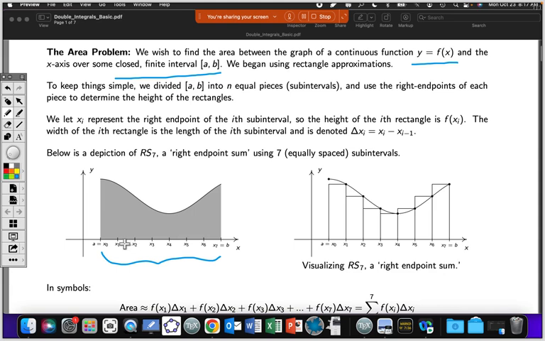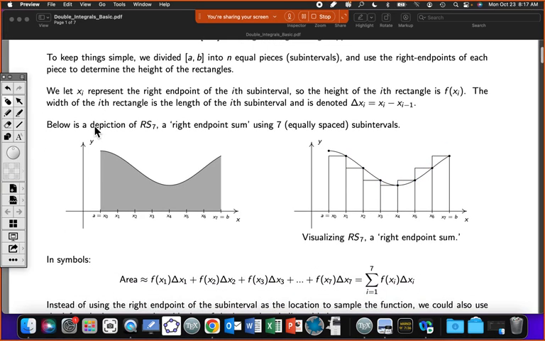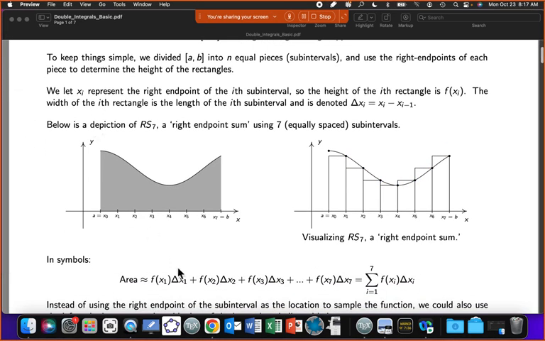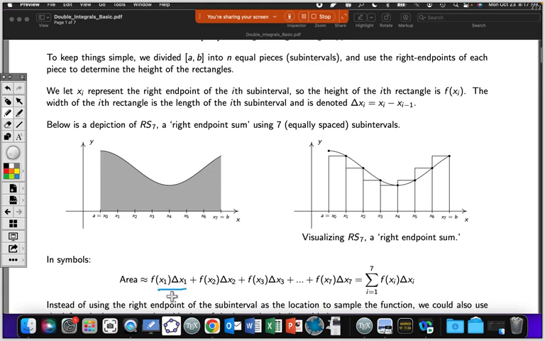And then we sampled the function at values in each of these little subintervals. Okay. And then we took the function value times the length of the subinterval, and we could interpret that as an area of a rectangle.